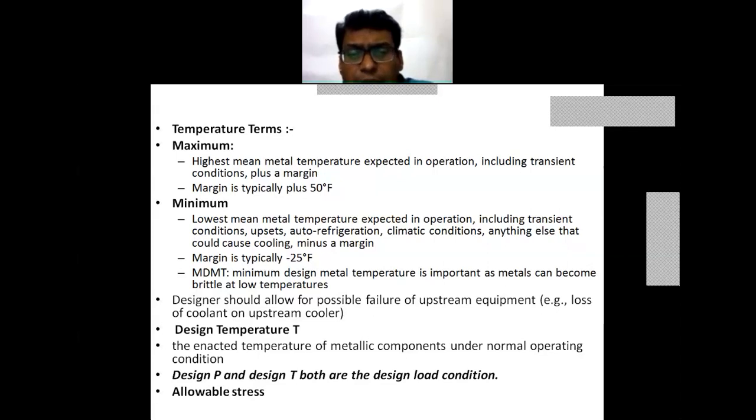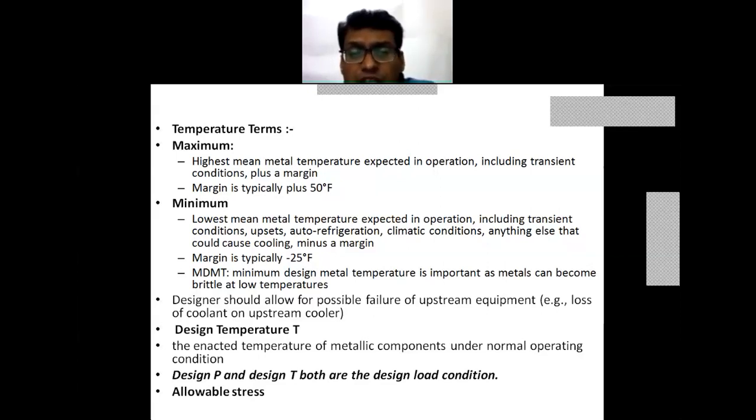Then MDMT, that is the minimum design metal temperature, is important as metal can become brittle at low temperatures. So this is given consideration where the climate is very cold. Minimum design metal temperature has to be given thought in cold countries.